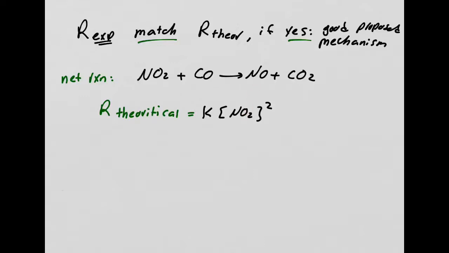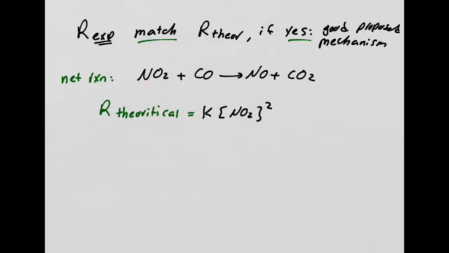Now, we want to compare these together. Again, I can do an experiment and see if it matches this. If it matches, yes, it's a good mechanism, and then we're good. If you look at this, this is my net. NO2 is in my net reaction.